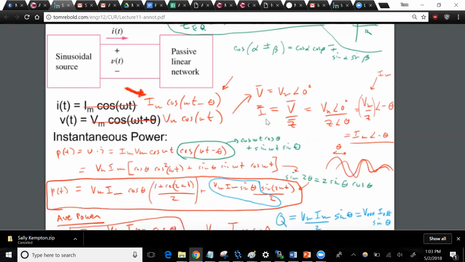Then you can find current using Ohm's law in complex form, so V over Z, and that is the magnitude of the voltage over the magnitude of the impedance, and the difference of the angles, right? So this is the value of Im here. So it's Im angle minus theta.